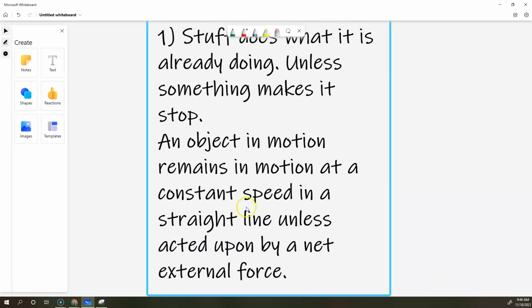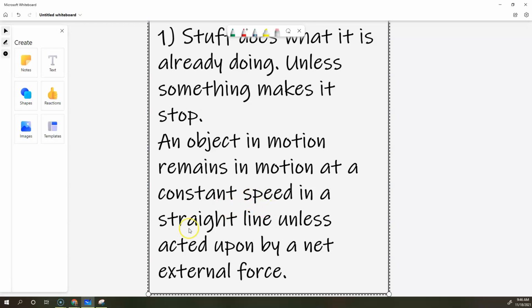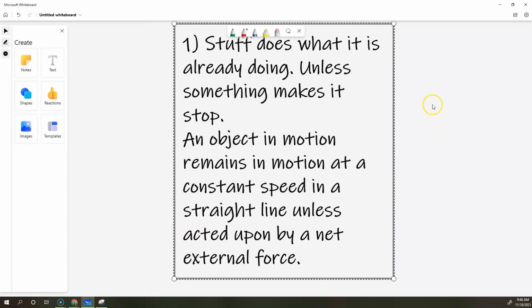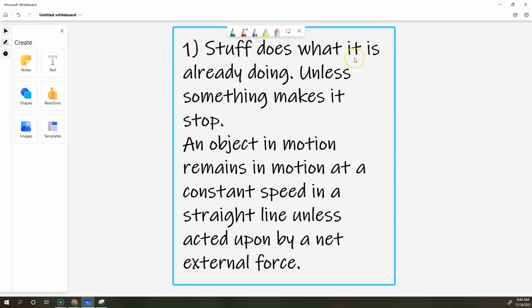There's some really important stuff here. Constant speed, straight line. So you're going to keep doing what you're already doing. I am moving forward at this speed. You want to change me moving forward at this speed? Put a force on me. Maybe you can make me move a different direction. Maybe you can make me speed up or slow down.